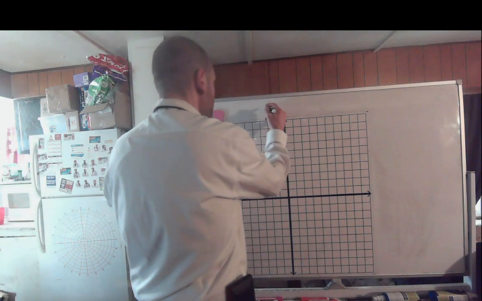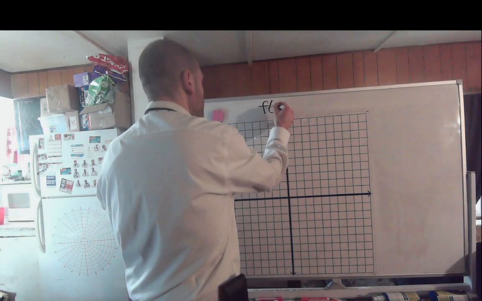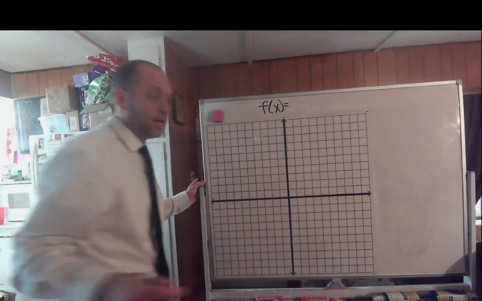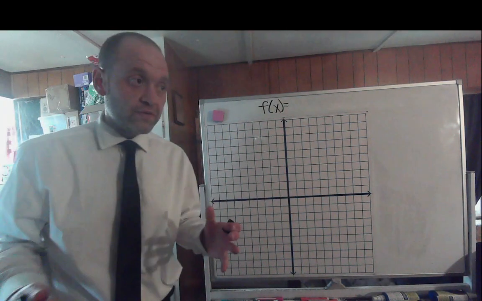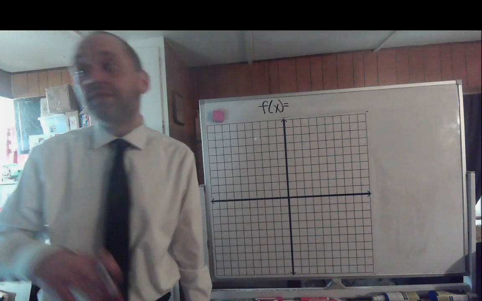Okay. So now let's talk about graphing piecewise functions. As you know, with a piecewise function, for certain members of the domain, it'll behave as one function, and then for another part it'll behave as another function.